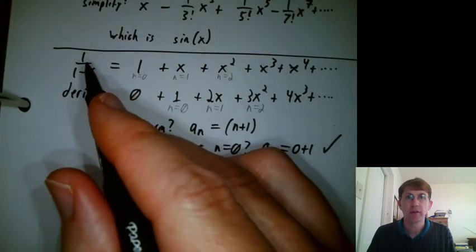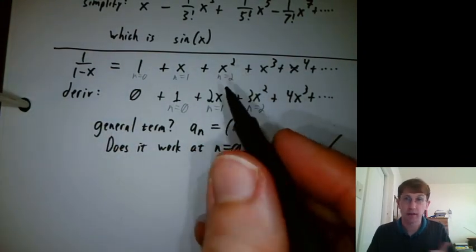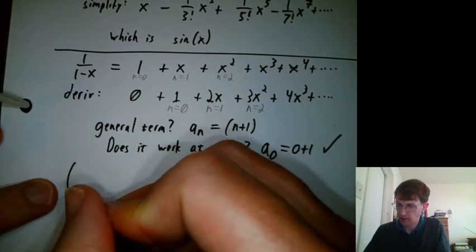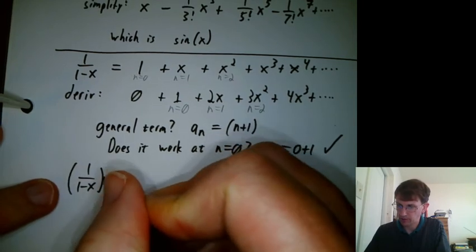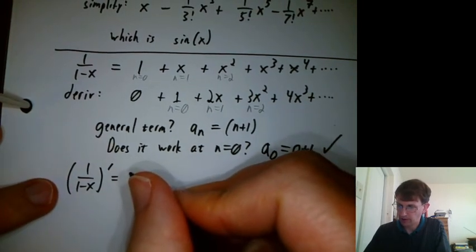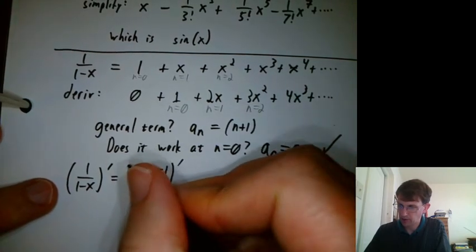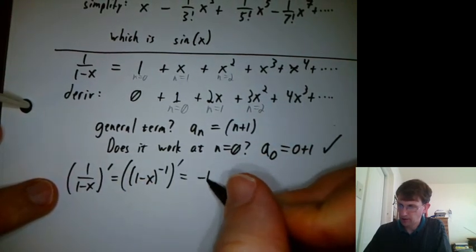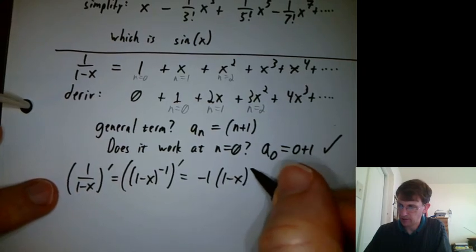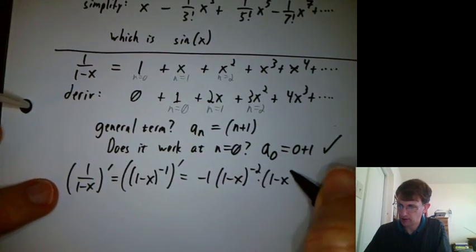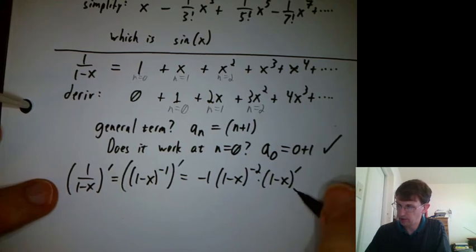So we got a derivative here of a function we could have taken the derivative of anyway. What is the derivative of 1 over 1 minus x? Well, we could write that as the derivative of (1 minus x) to the -1. So we'd get -1 times (1 minus x) to the -2 times the derivative of 1 minus x for the chain rule.